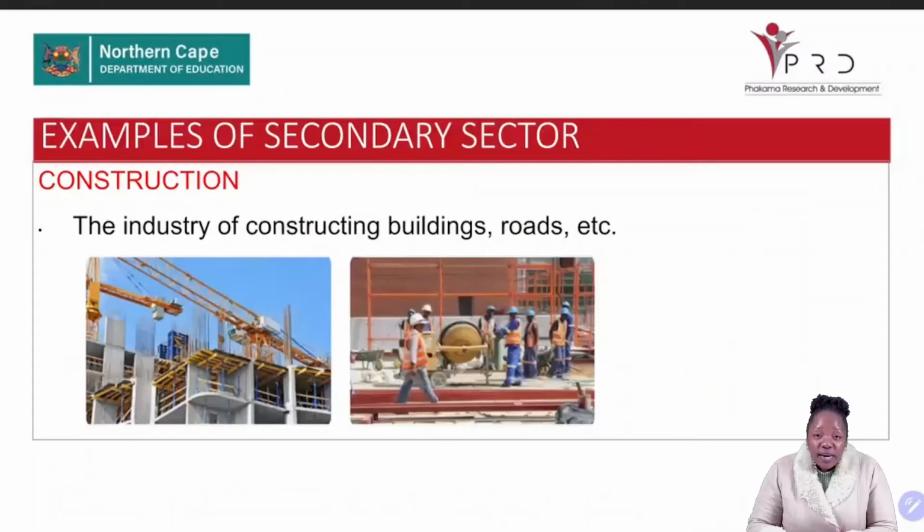So it's construction, because they are manufacturing or processing into a final product. They are taking cement that is made with coal and they manufacture it into a final product, which could be a building or a flat or just a normal house, or it can be turned into a road. Remember, we said they take the raw material and transform it into a final product.